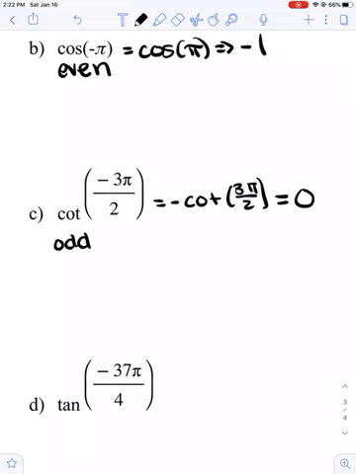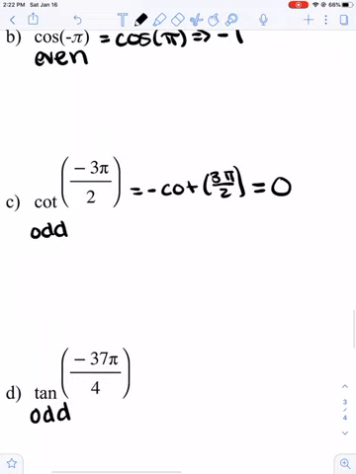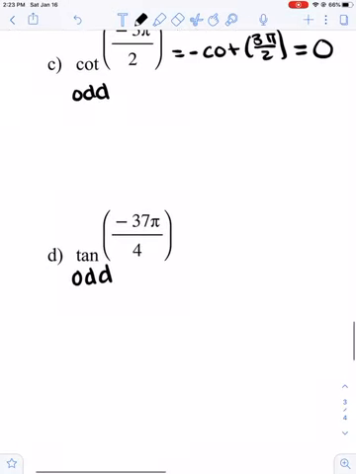Okay. Then we have the tangent of negative 37 pi over 4. And this is an odd function, but also 37 pi over 4 doesn't fit in our unit circle. So we need to subtract. Remember, tangent has a period of pi, so we need to keep subtracting pi until we get between 0 and 2 pi.